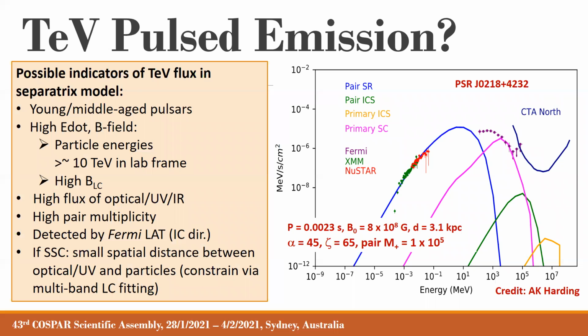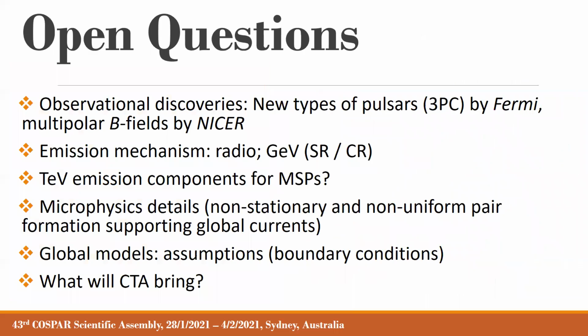And this is mostly for younger pulsars with high E dots, high B fields, high energies for the particles, etc. But still, one would have to see what CTA can tell us about these things and whether it will see even millisecond pulsars with TeV emission or not.